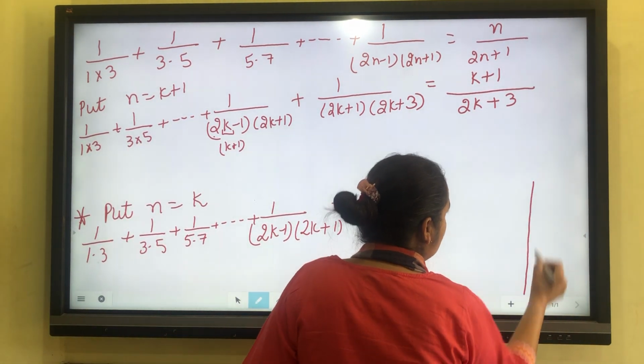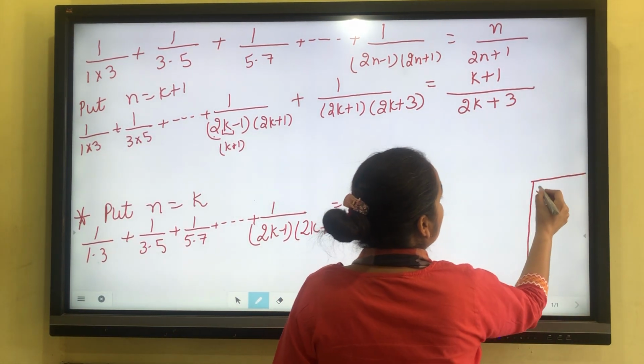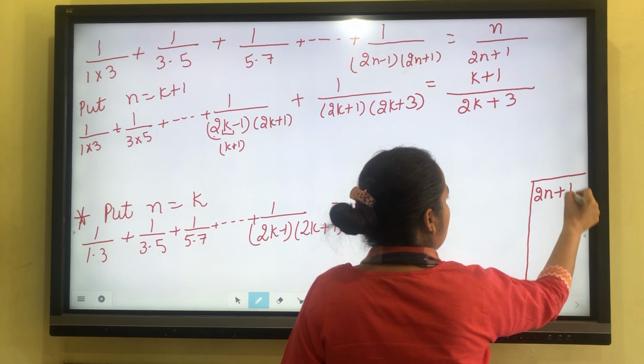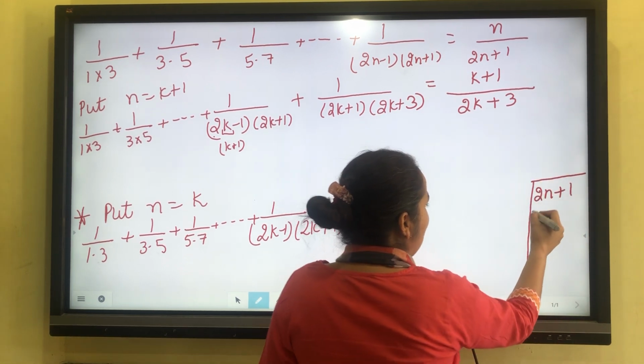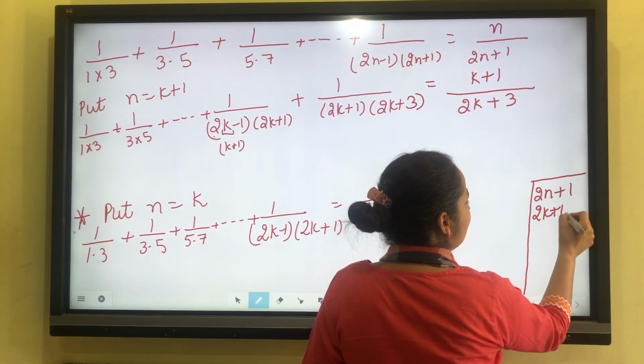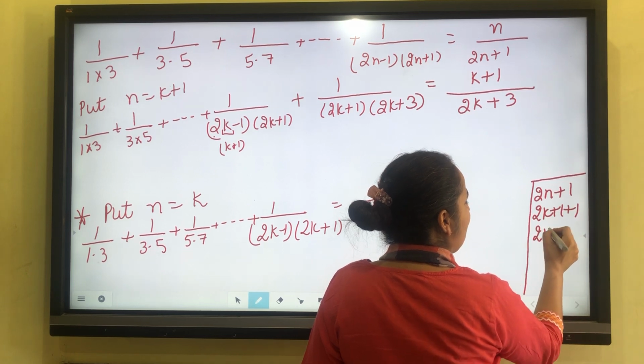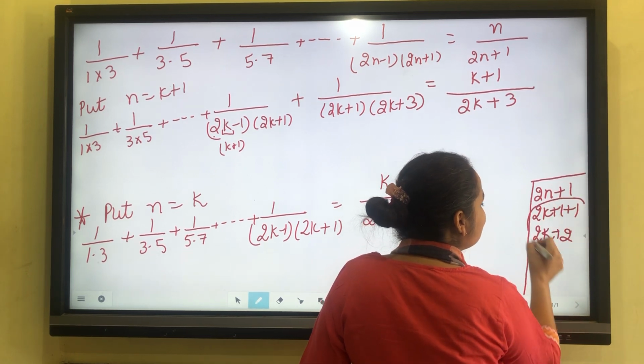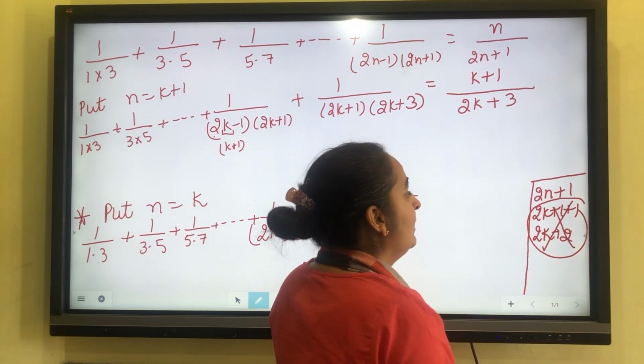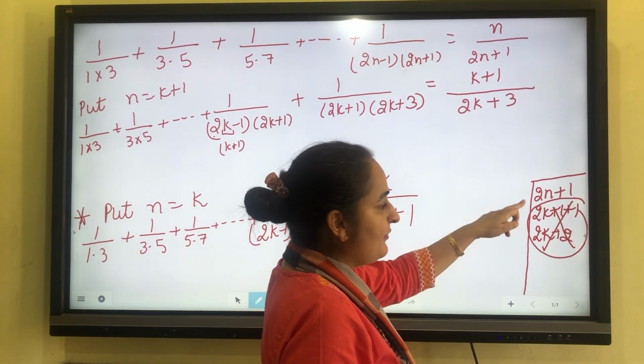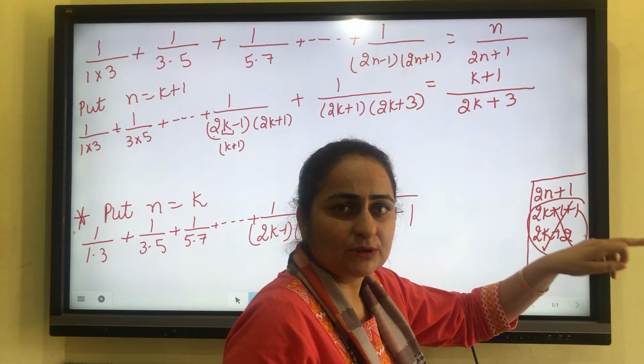One time I am explaining 2n plus 1. Sometimes you write like this, 2k plus 1 plus 1, that is 2k plus 2. But this is the wrong method. You will fill the value k plus 1 in place of n.